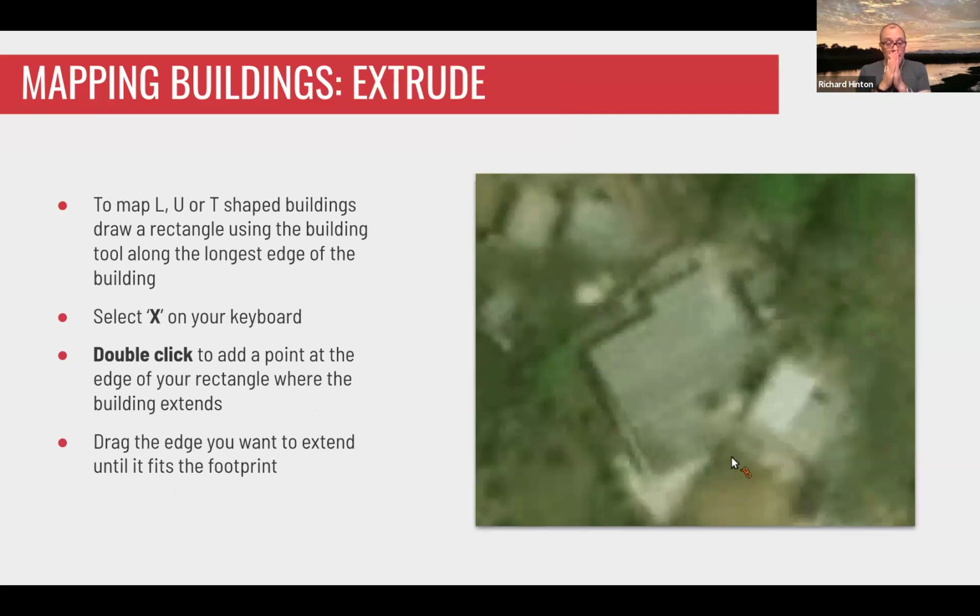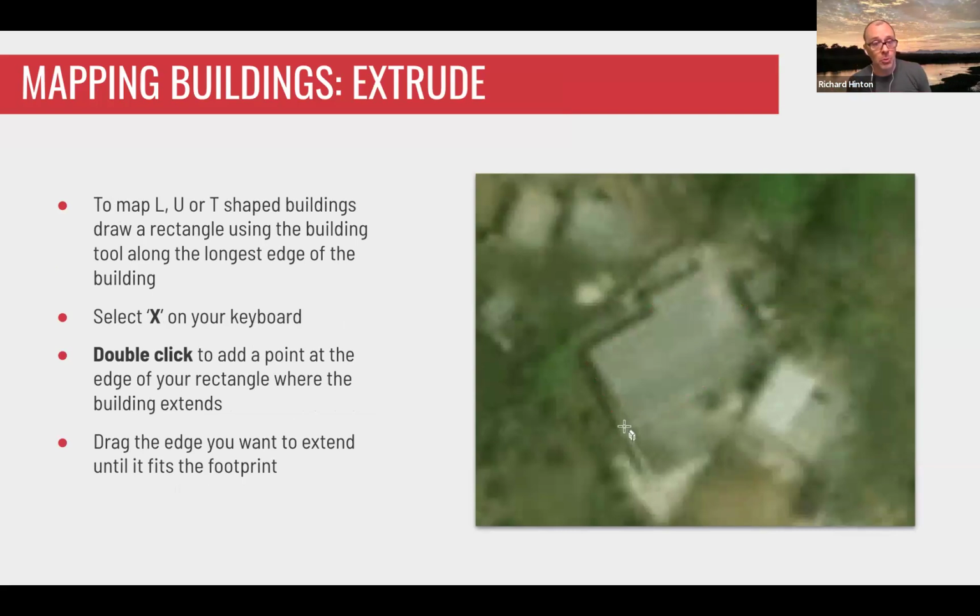So some of our buildings aren't squares or rectangles, right? They're L-shaped or T-shaped or U-shaped. They have these different sort of protrusions or extrusions from them. So JOSM has a tool for that. Say you draw your building with the building tools, you have your corners at 90 degrees, but there's a bump out, right? Maybe it's sort of L-shaped.